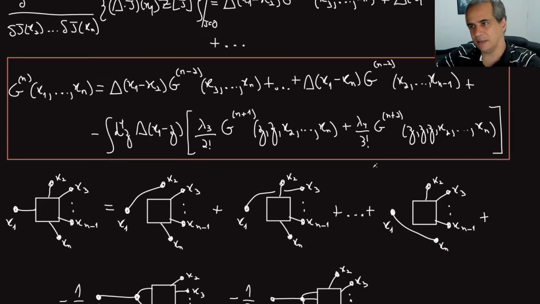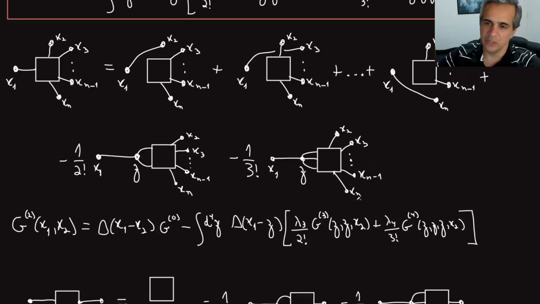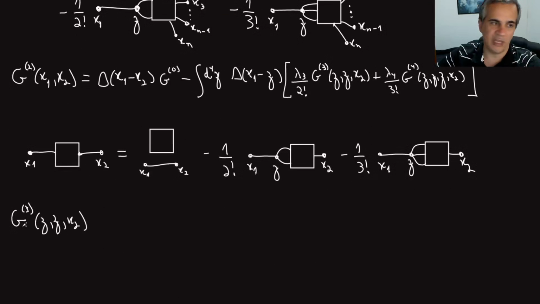But this equation is written in terms of some point that I choose to be the one that is in every propagator, right? So when I want to use that for G3 here, I have to do the same. I have to choose one of these points to be the point I'll write the equation for. And I'll choose this one, right?